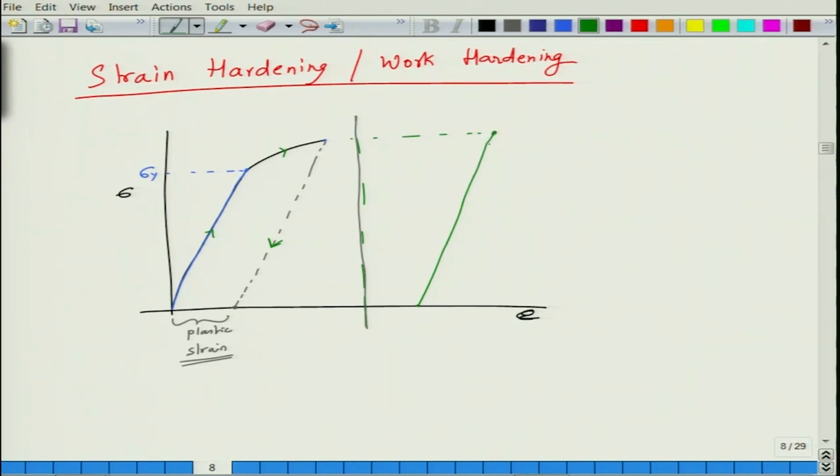So, this will be essentially the strength. Earlier, the stress that was required to deform a material was this, now the material is going to deform at this stress. So, you have increased the yield stress of a material.